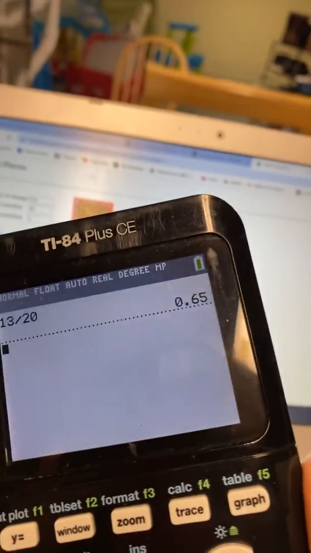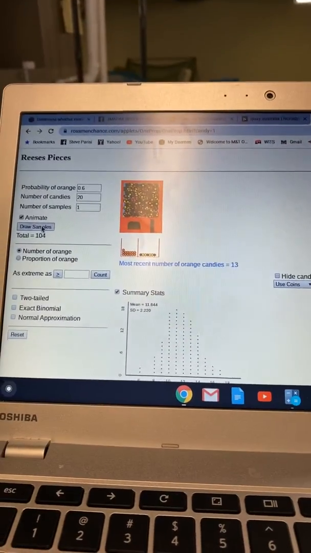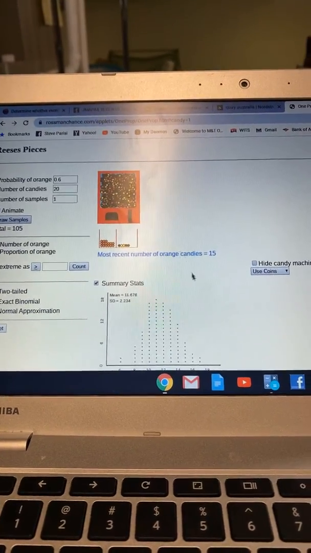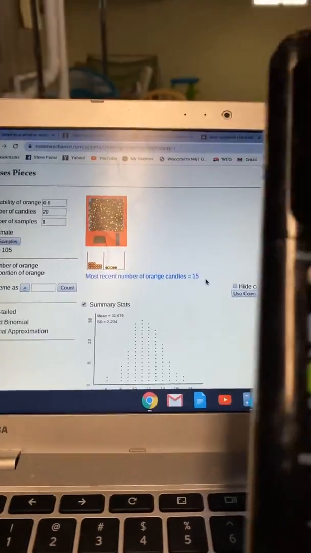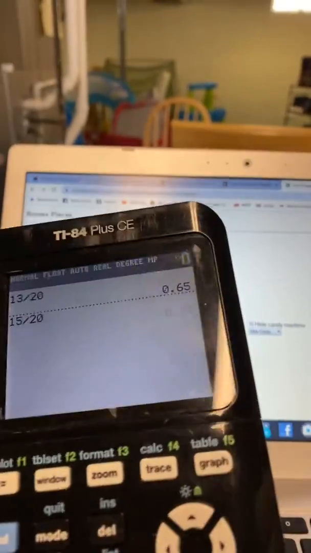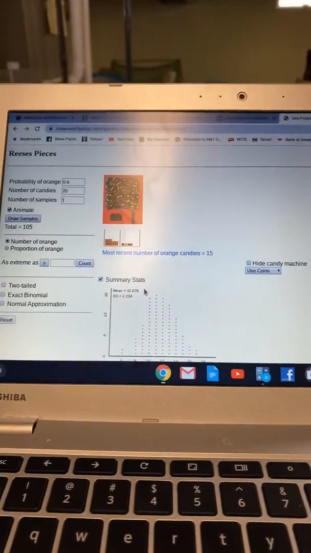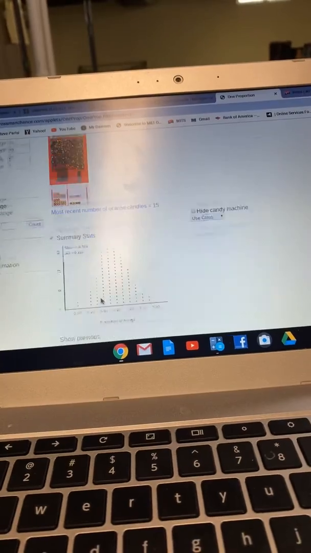So 65% of them were orange out of this one sample. Now if I do this again, let's see what happens. Oh, this one found 15 of them were orange. So 15 out of 20, 75% are orange. But in this course, they usually talk about the proportion, so they're going to put the percents down here.